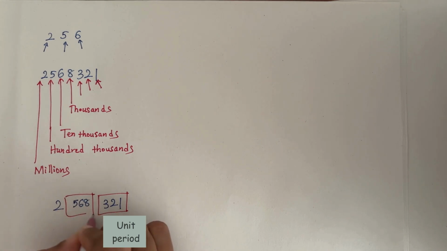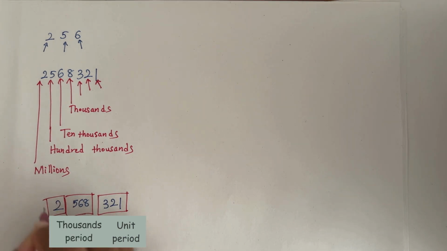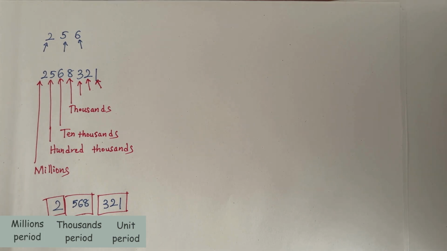This one is known as thousands period, and this one is known as millions period. Okay, can you understand?